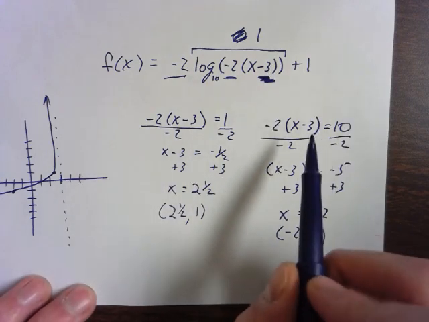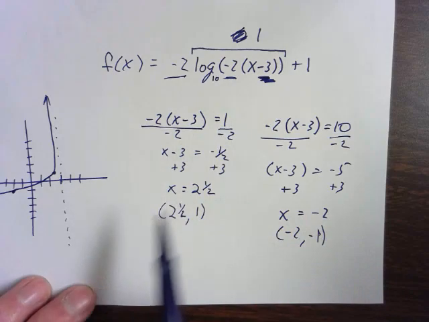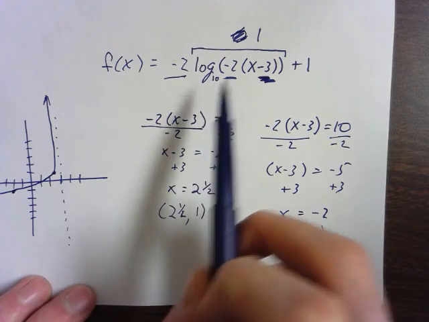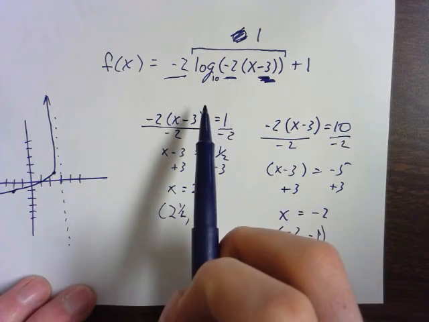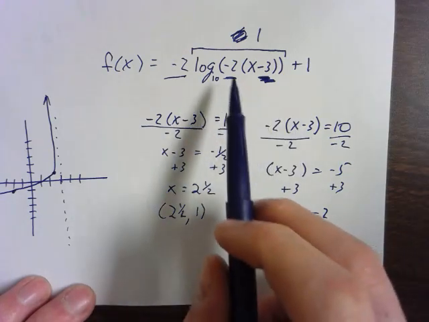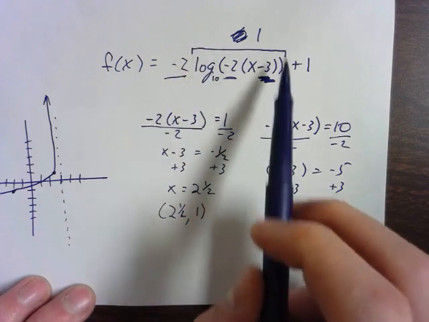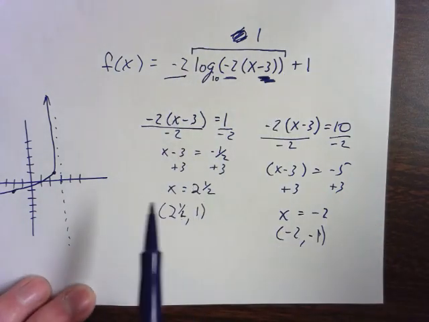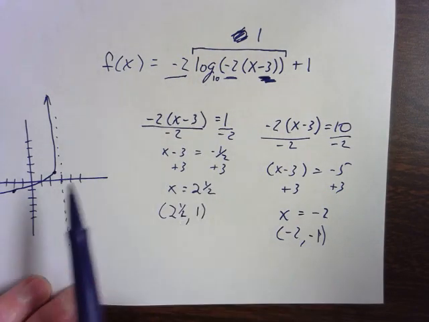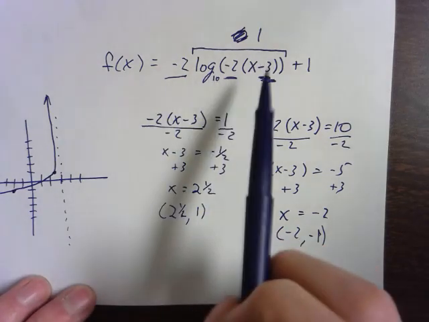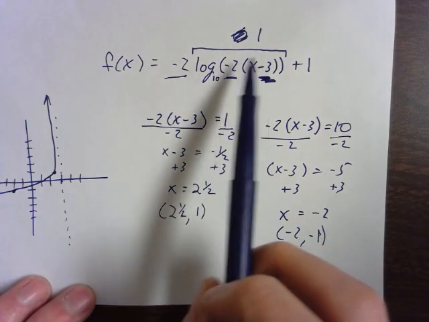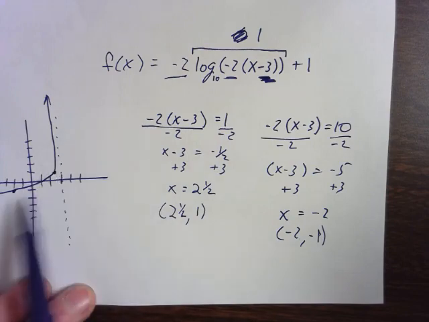Same way, if I can set my parentheses equal to my base, anything to the first power is itself, so my entire logarithm equals 1. Both of those are pretty easy to solve for, so those are two very easy points to solve for on my logarithm.